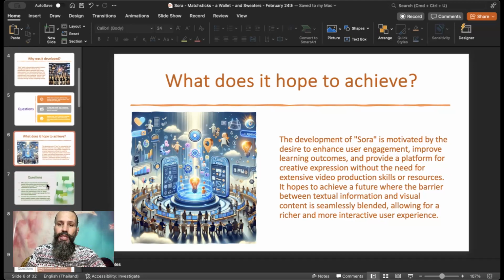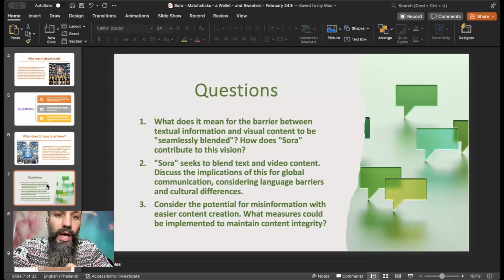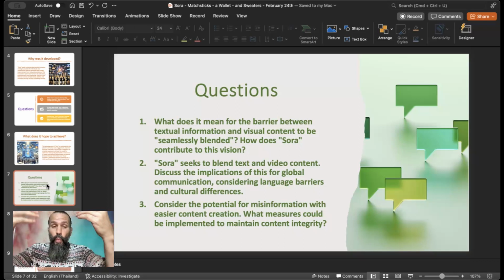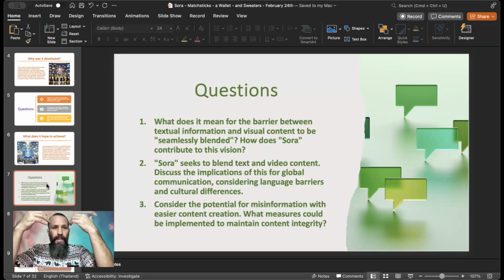So I have some questions based on this. Number one, what does it mean for the barrier between textual information and visual content to be seamlessly blended, and how does Sora contribute to the vision? We talked about what seamlessly blended is, and then barriers are walls or borders, something that prevents you from moving from one thing to another.